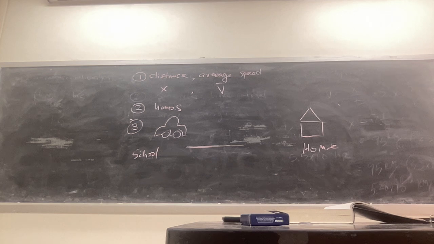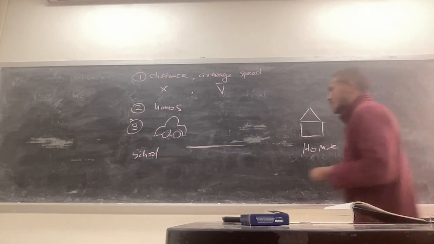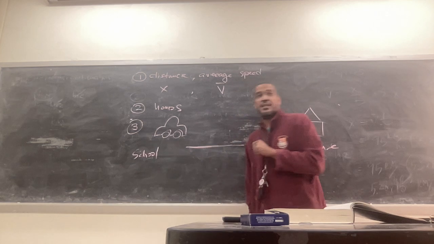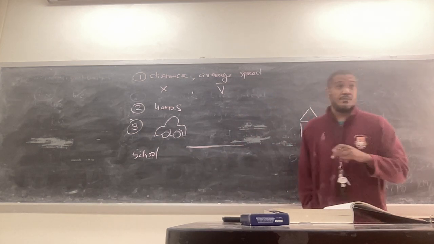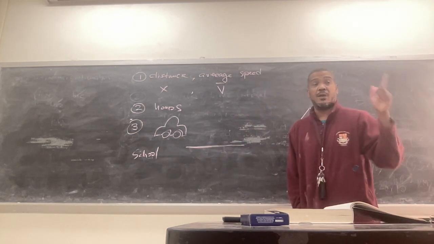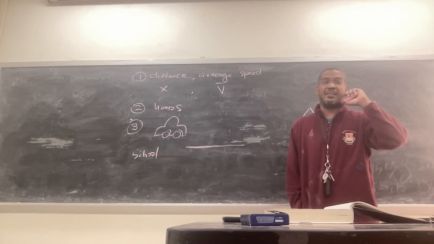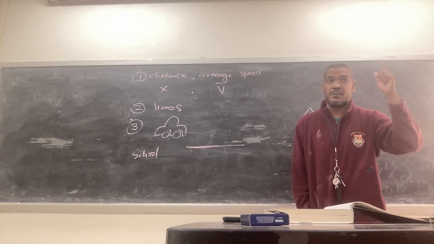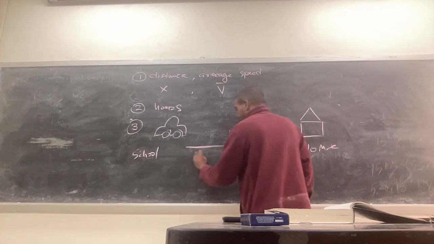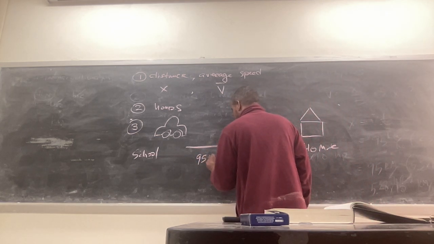So you have two speeds. So I have a speed at the first. What was that speed at the first? 95. Say it again. 95. So the first speed is 95 kilometers per hour.